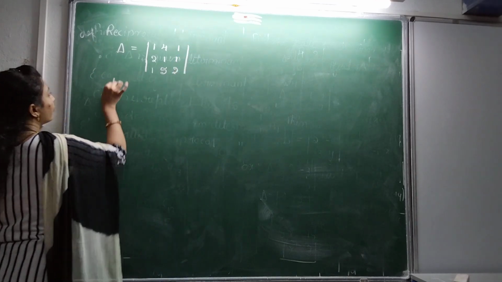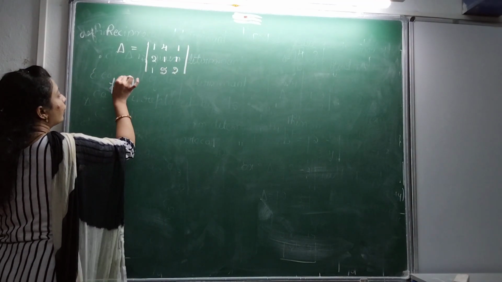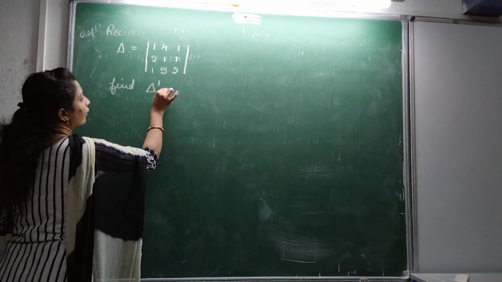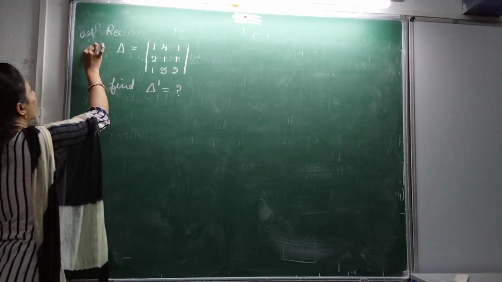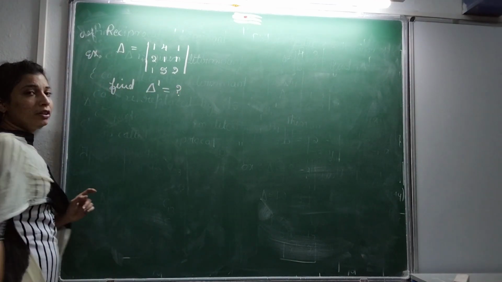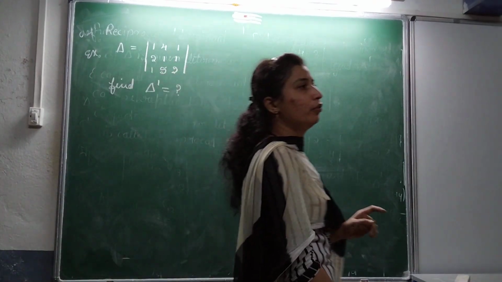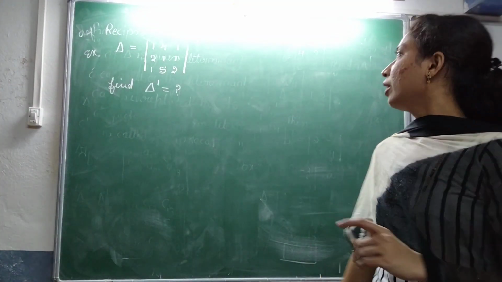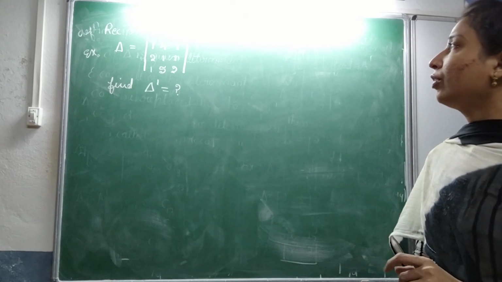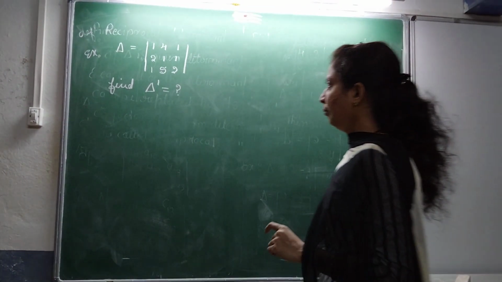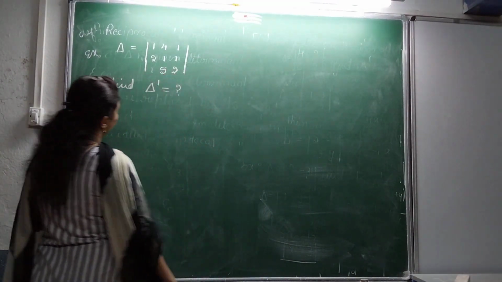Find delta dash. It is the 3 cross 3 determinant. So here the given determinant delta is equal to the determinant 1 4 1, 2 1 1 and 1 5 2.